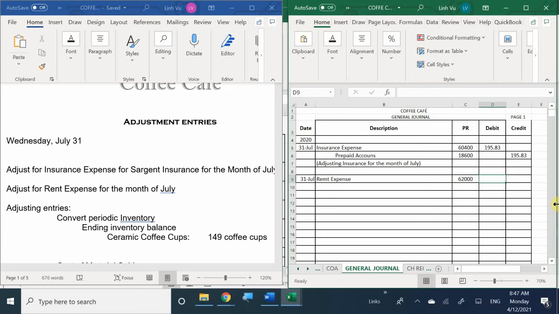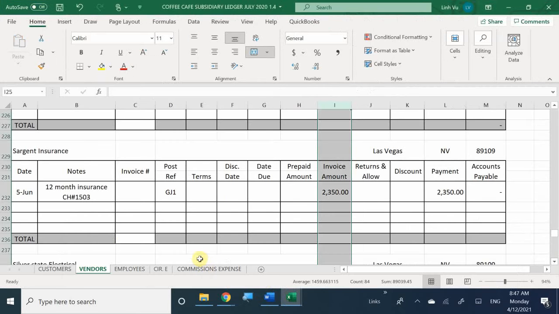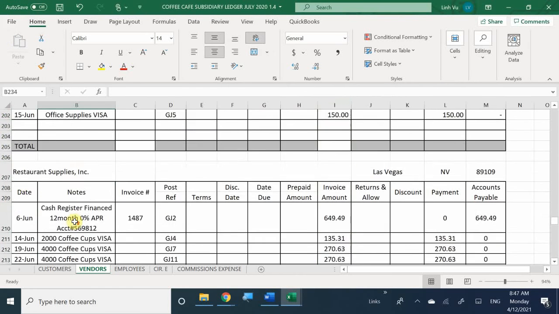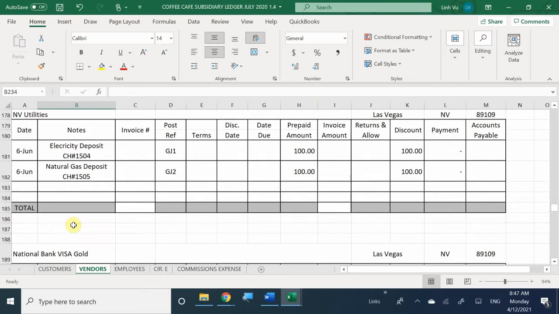Good. Now my rent expense is for how much? Do you guys remember? So let's take a look at my subsidiary ledger. We bought rent expense from landlord properties.